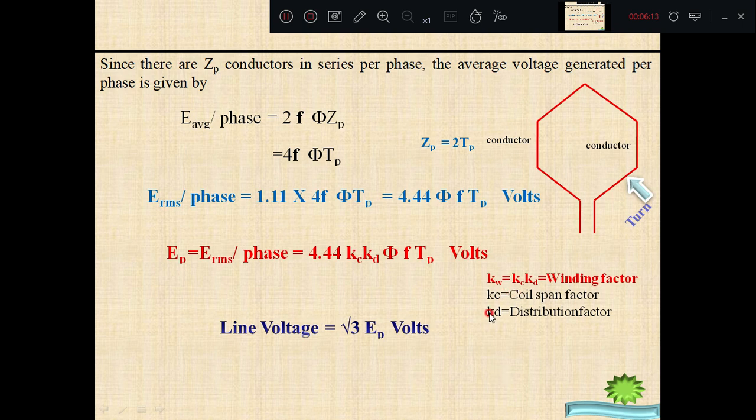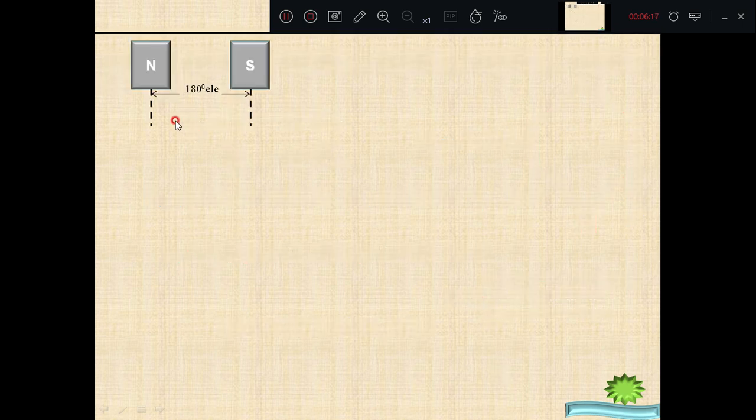Then we will see the importance of Kc and Kd. The angular displacement between the adjacent poles N and S is measured in electrical degrees, that is 180 degrees.